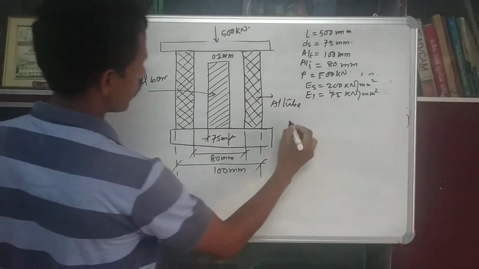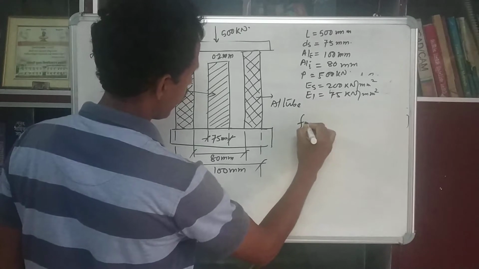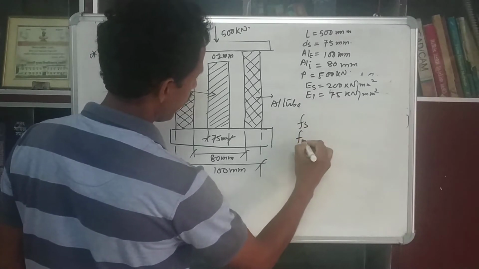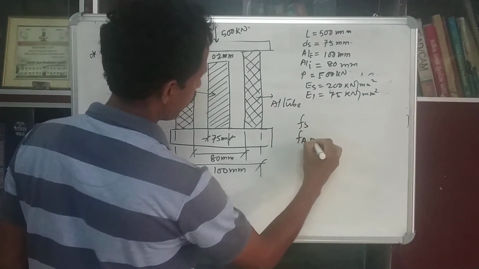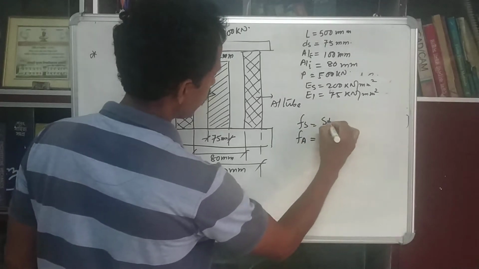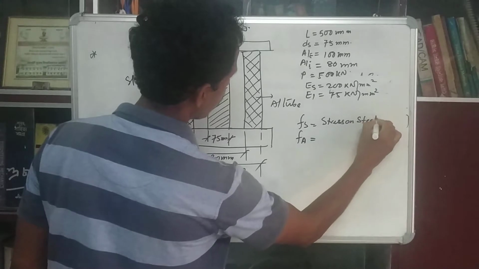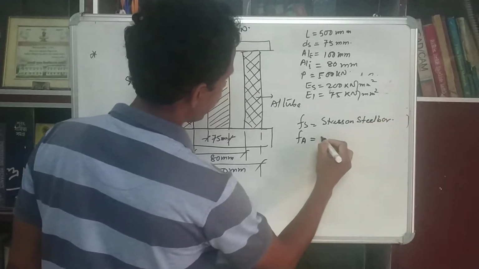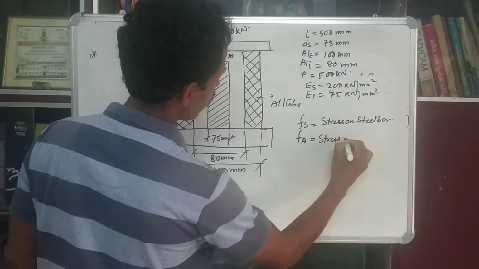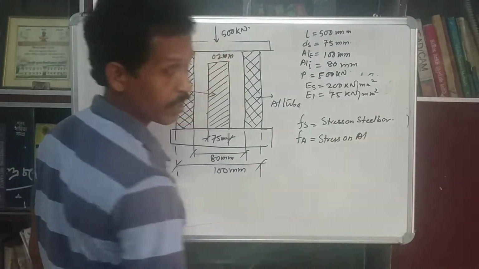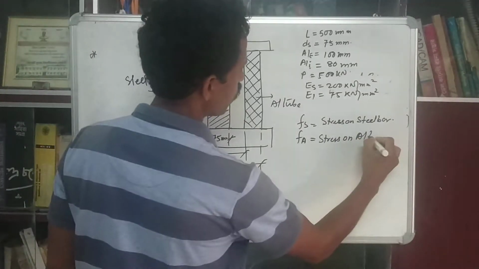You have to find out Fs and Fa. That means stress on the steel bar and on the aluminum tube.